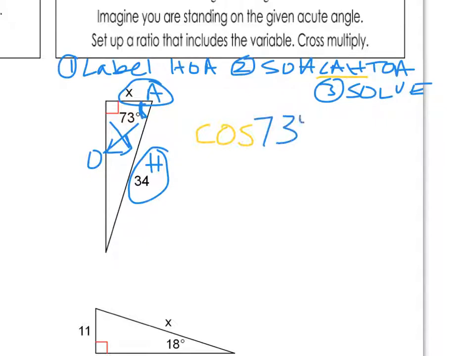So cosine of my angle, what's my angle? 73 degrees equals adjacent, which is x, over my hypotenuse, which is 34. So now I'm going to type in my calculator so that I can look up what is cosine of 73. And it tells me cosine of 73, we're going to do 3 decimal places, is 0.292.